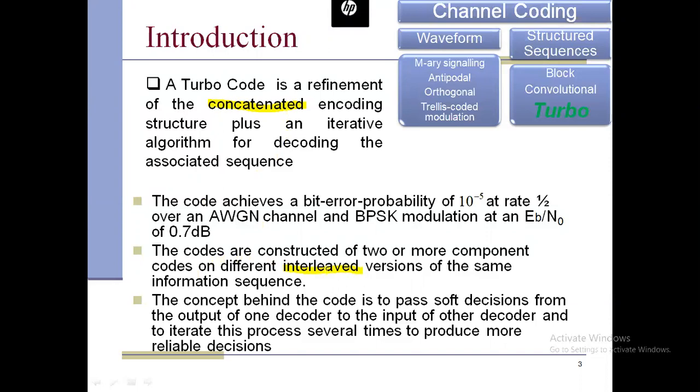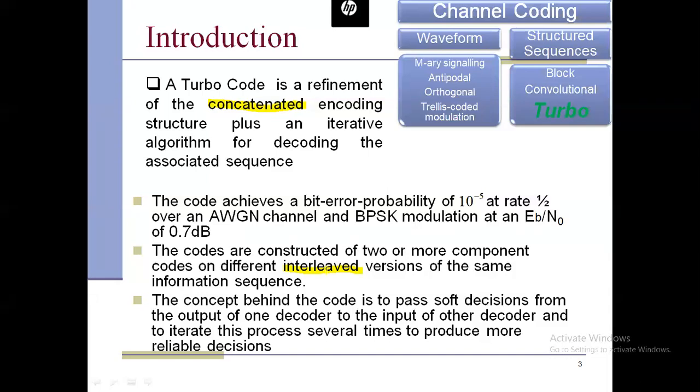So we are using interleaving before encoding the message and de-interleave it before decoding the message. So the interleaver in fact distributes the burst of errors and improves the error correcting capability of the code.